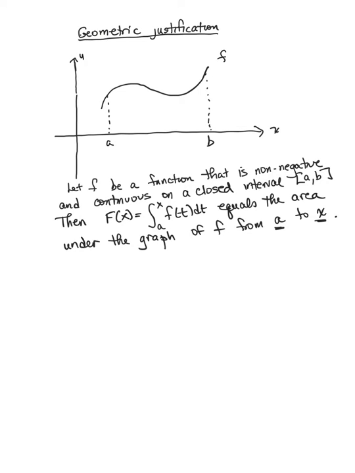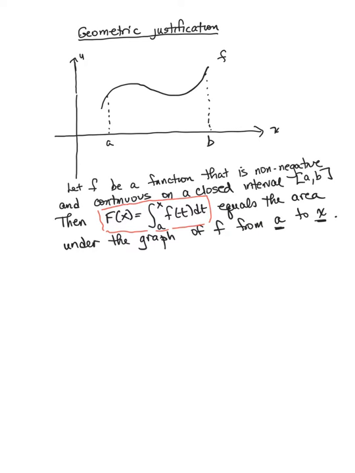Then capital F of x is defined to be the area function, which accumulates area under the graph of f from a fixed left endpoint a to a variable right endpoint x. And we could represent it with this integral. We call this the area accumulator.